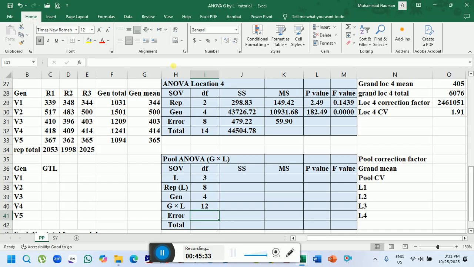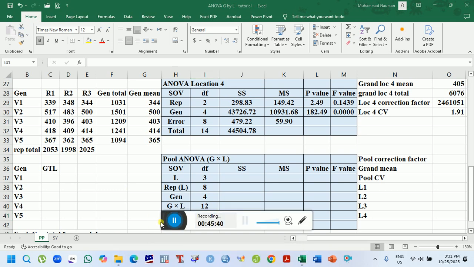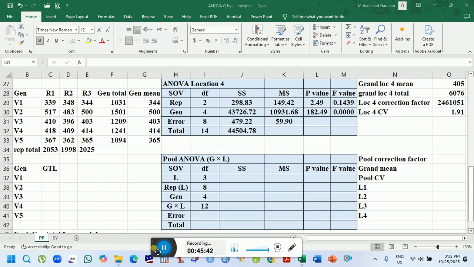And now we will calculate the error degree of freedom. For error degree of freedom, the formula is number of location multiplied by number of replication minus 1 and multiplied by number of genotype minus 1.